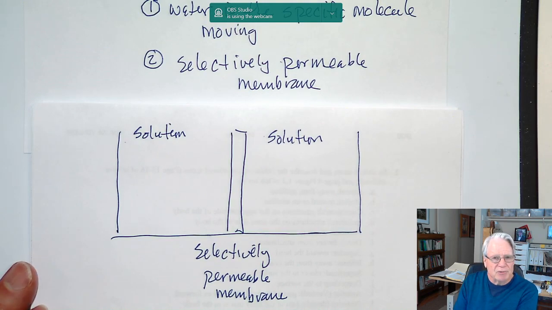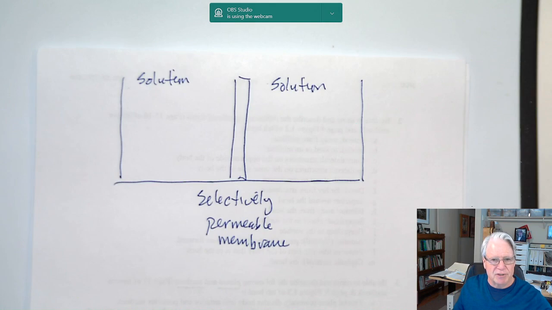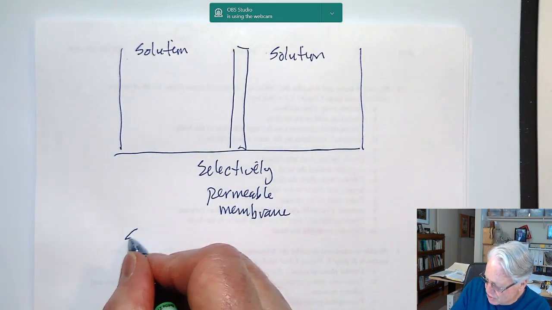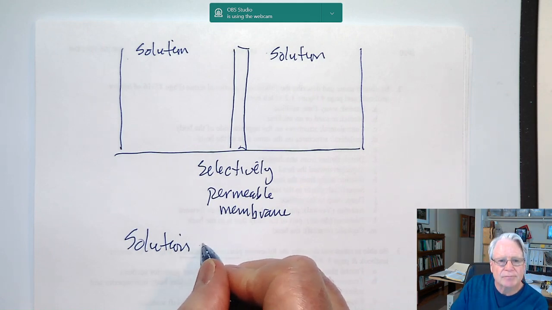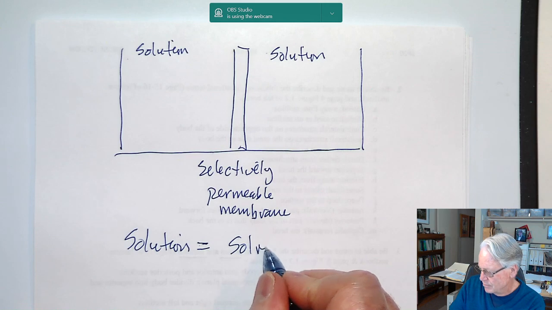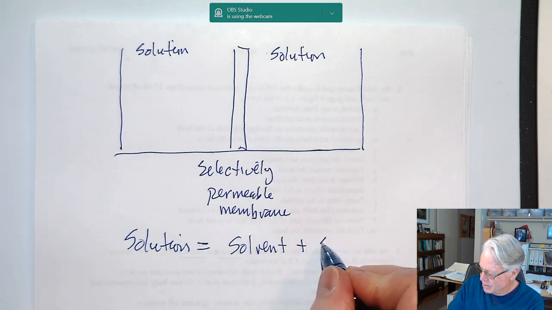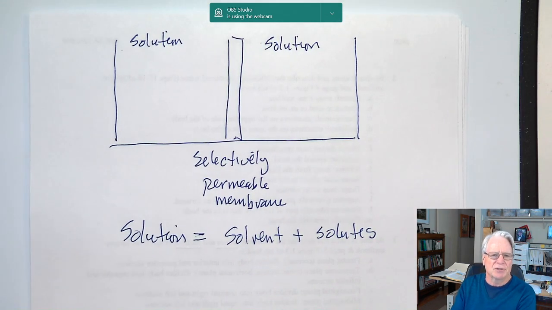Okay, now we've used the term solution. What is a solution? Let's take a look and define what a solution is. A solution is composed of two things, a solvent plus solutes. That's the definition of a solution.